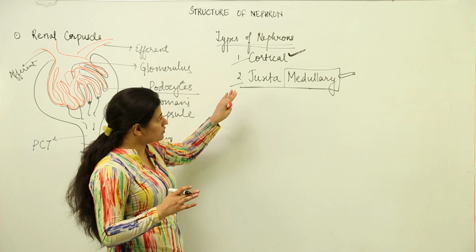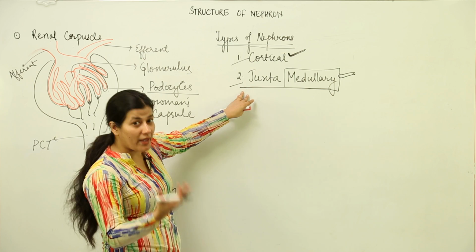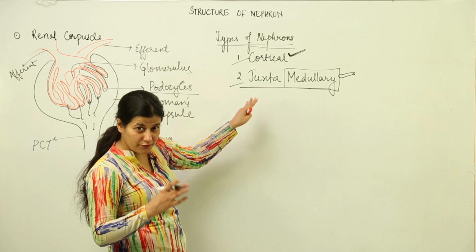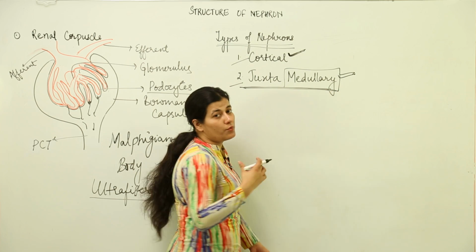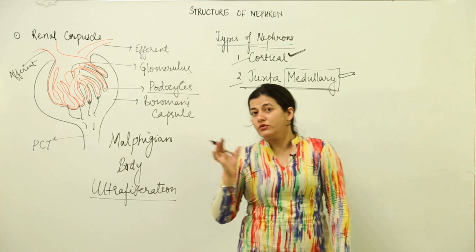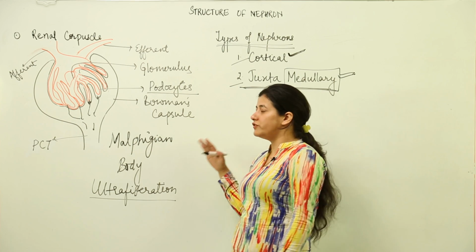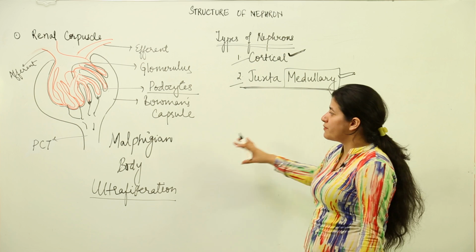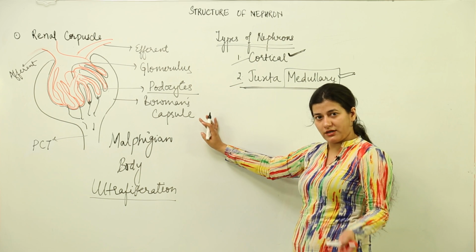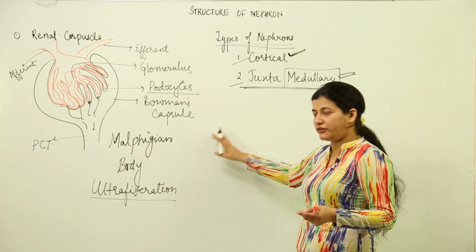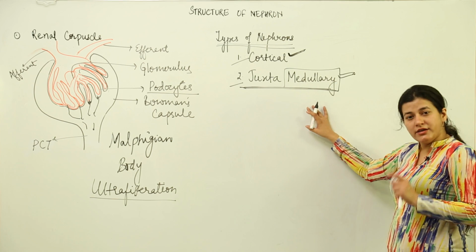Now we are going to come across another word, juxta, which would have juxtaglomerular. I hope you will not confuse yourself with juxtamedullary nephrons and juxtaglomerular apparatus. Now this apparatus is very important. We are going to study about it in the formation of urine itself. So for now what you have to remember is that there is a renal corpuscle which takes part in ultrafiltration, which is the actual site of ultrafiltration, and there are two types of nephrons, one is cortical and one is juxtamedullary.